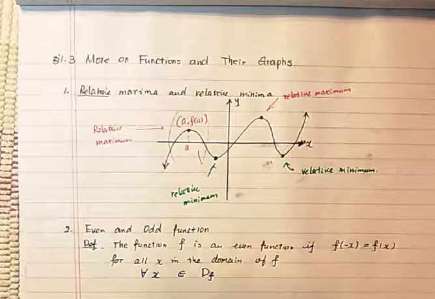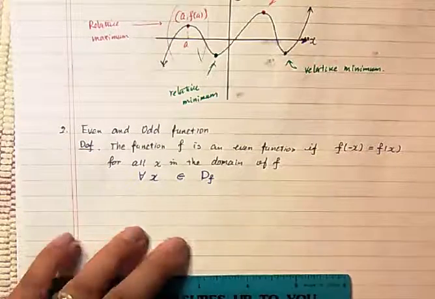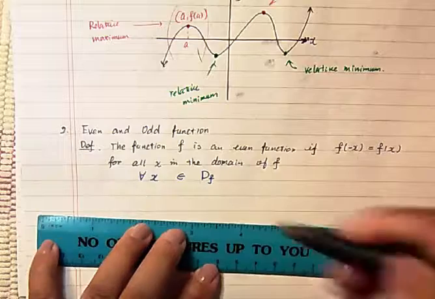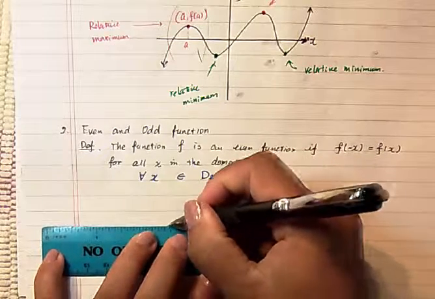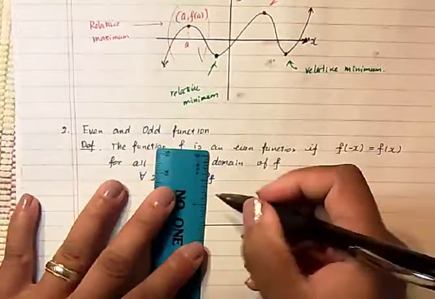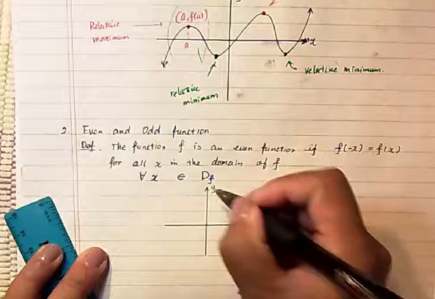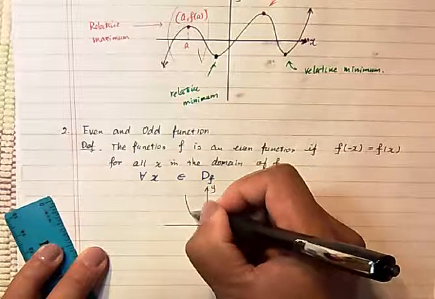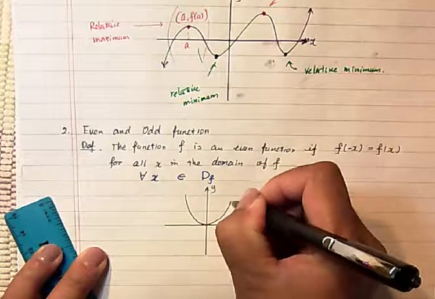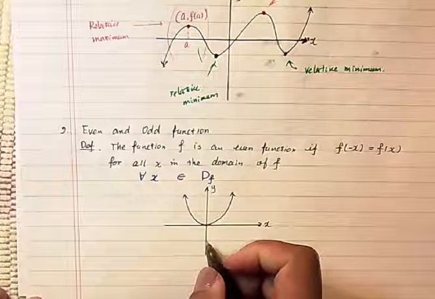So what does that mean? Let's take a look at the graph. Some of you might already know what a quadratic function's graph looks like, which is a parabola. Indeed, a parabola is a graph symmetric about the y-axis. Right? And also, a quadratic function is an even function.